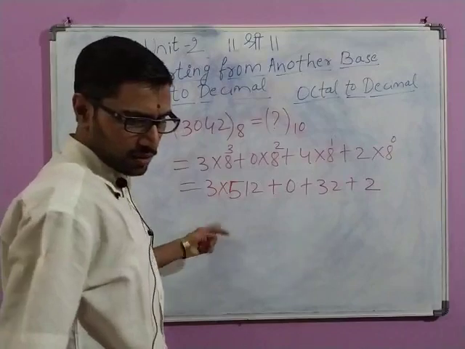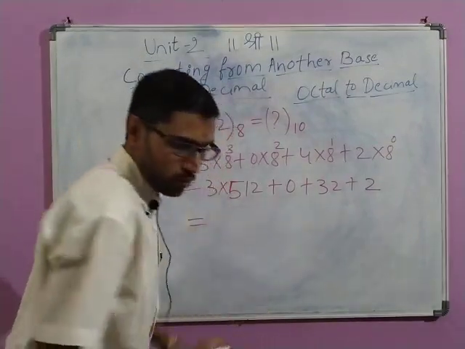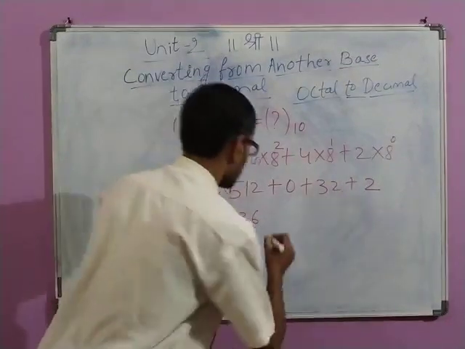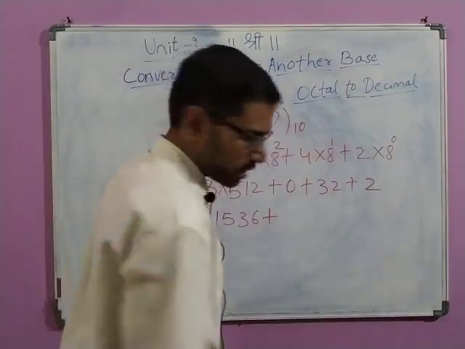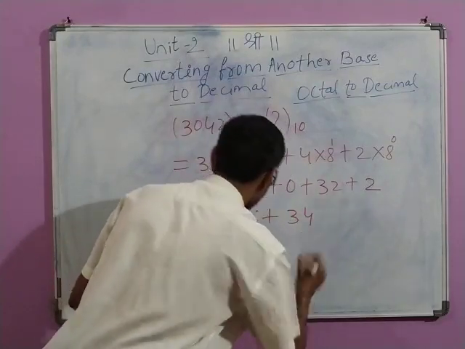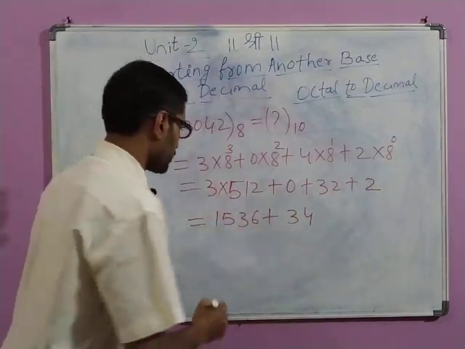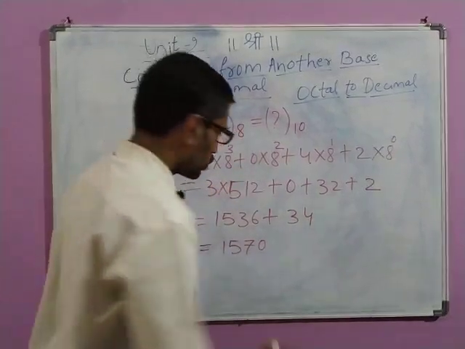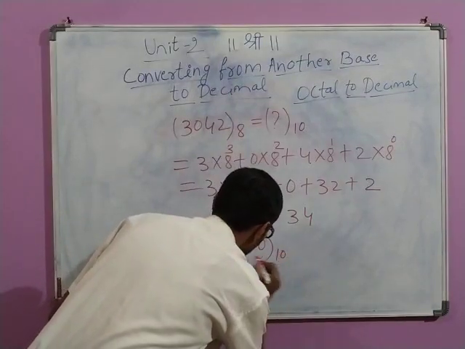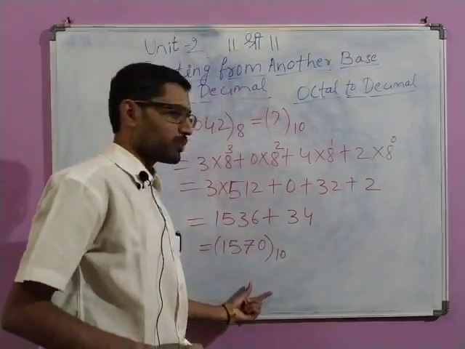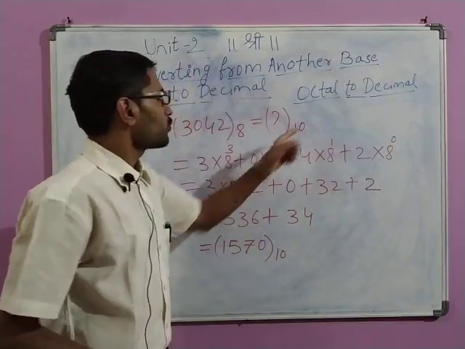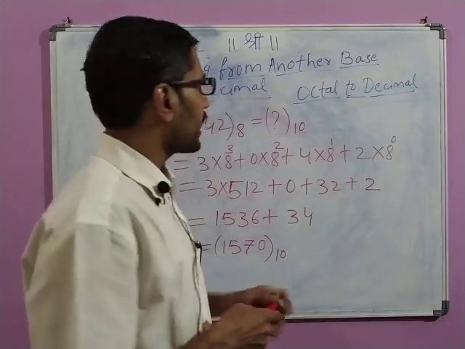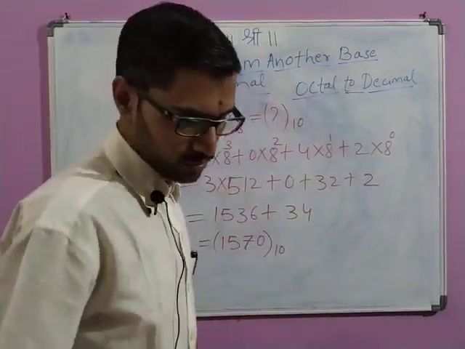So 1536 plus 32 plus 2 is 34, and 1536 plus 34 will be 1570. 1570 to the base 10. So this is how we can convert from octal to decimal. You can take a few examples of your own and try to solve them.